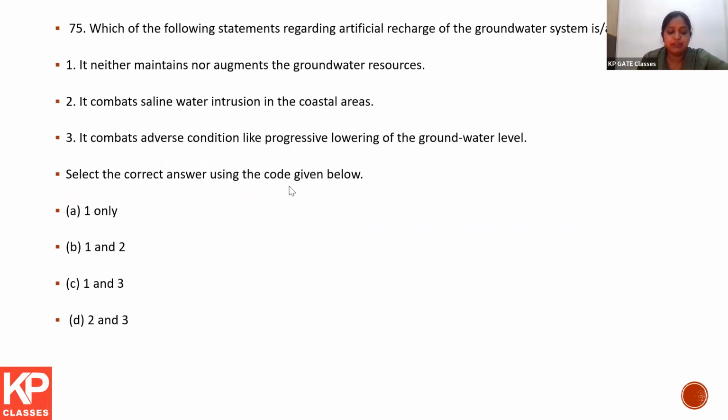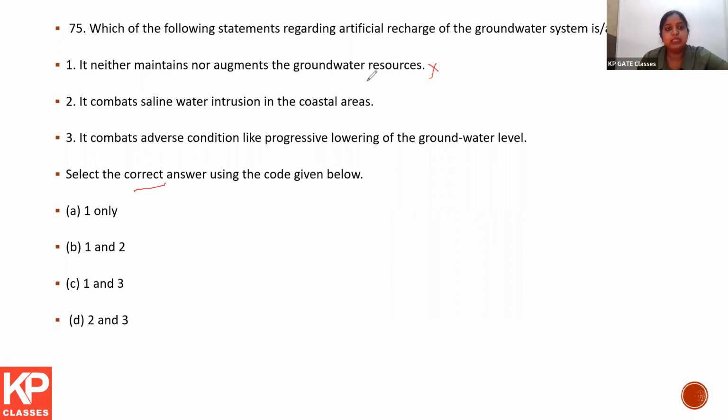Now question number 75. Which one of the following statements regarding the artificial recharge of groundwater system is correct? It neither maintains nor augments the groundwater resources. No, that's wrong.